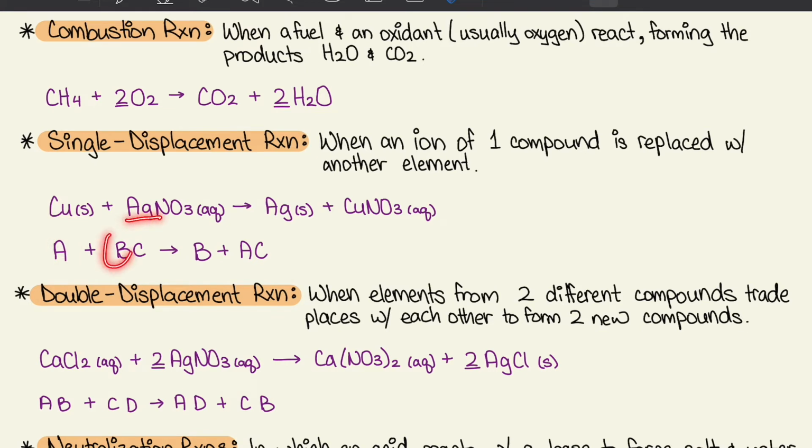So B would be Ag and C would be NO3. After the arrow, what we want to do is flip A with B. So B would be Ag plus CuNO3, because B and A, the two elements, were flipped.